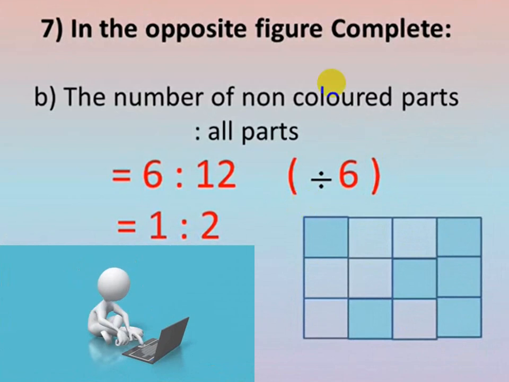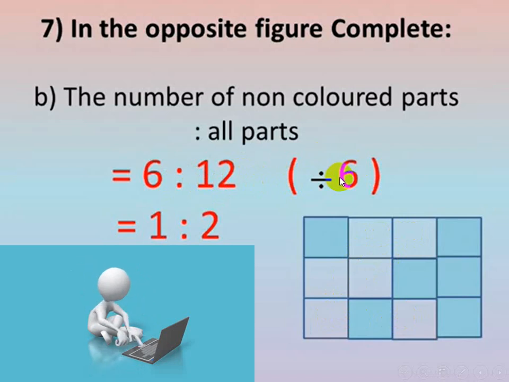Number B, the number of non-colored parts to all parts. How many non-colored parts? Non-colored parts, or the white parts? Count. 1, 2, 3, 4, 5 and 6. 6 to all parts, which is 12. 6 and 12 are divisible by 6.